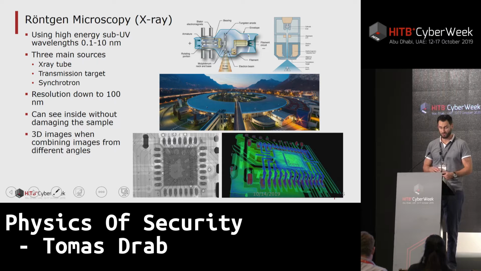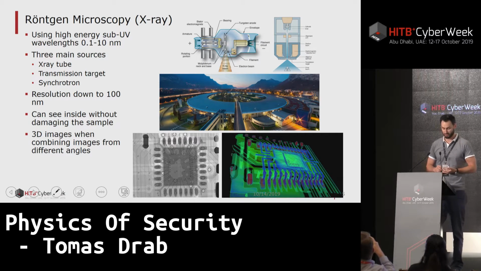We know 3 types of X-rays. X-ray tube, which is the most common. Maybe your dentist has one. Transmission target. This is for creating really high resolution images. And if you want to go super high resolution, you need to go somewhere to Switzerland, to the synchrotron facility.